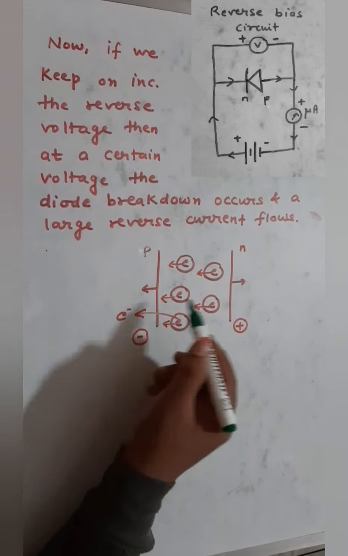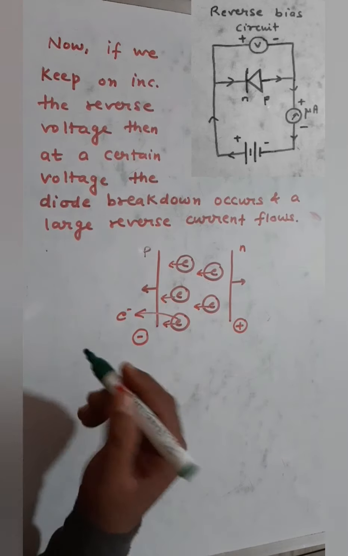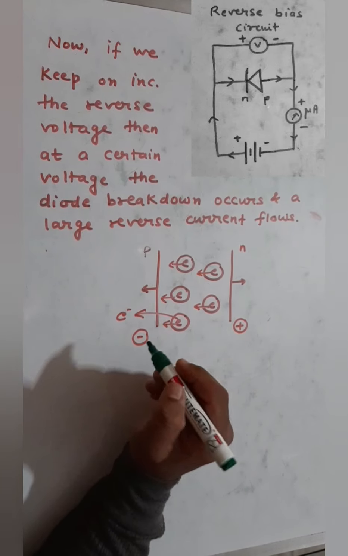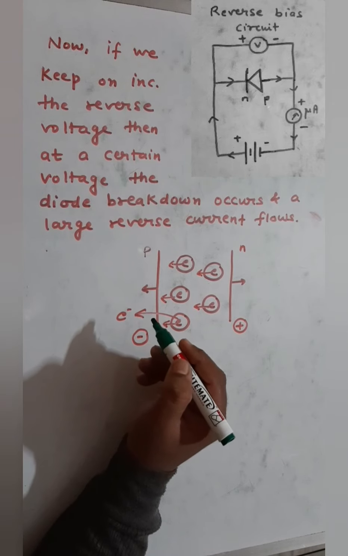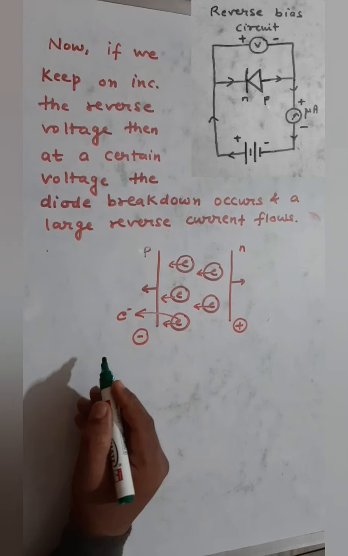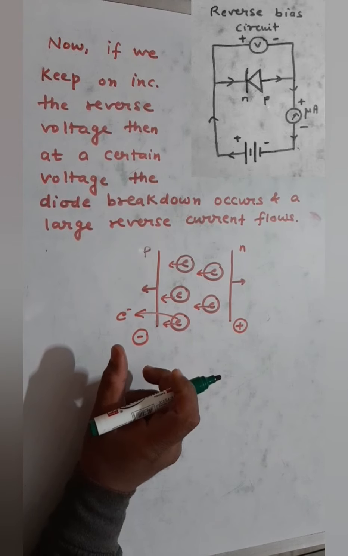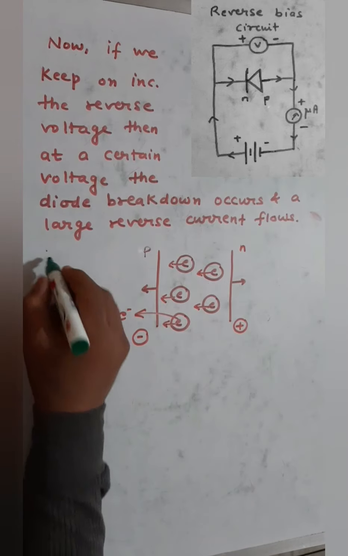As a result a large current flows, although it is still of the order of microampere, but compared to no current it is quite large, and that is why this is called reverse breakdown, and the voltage is called reverse breakdown voltage. So diode breakdown occurs, and a large reverse current flows.